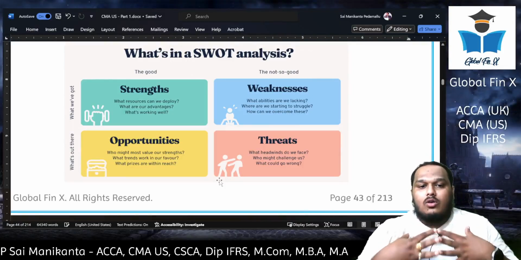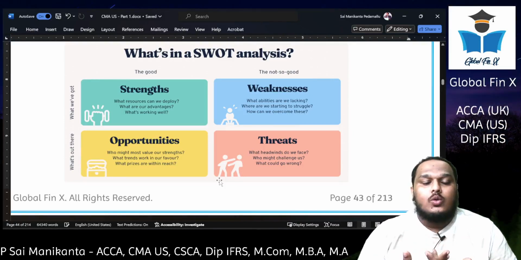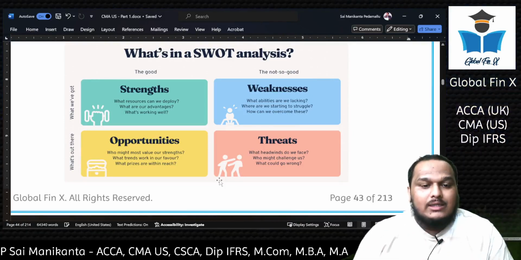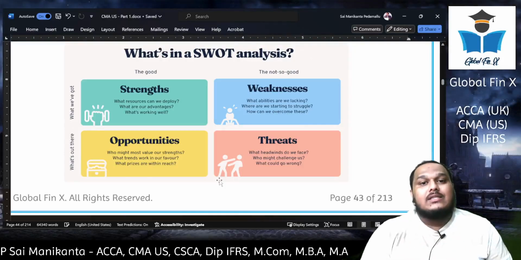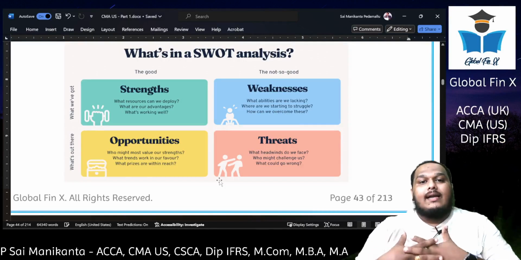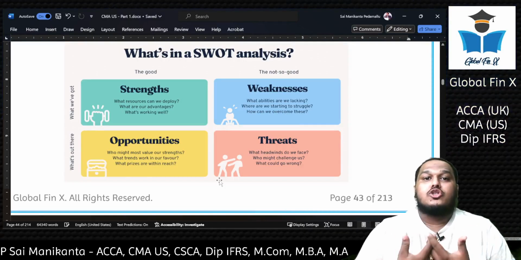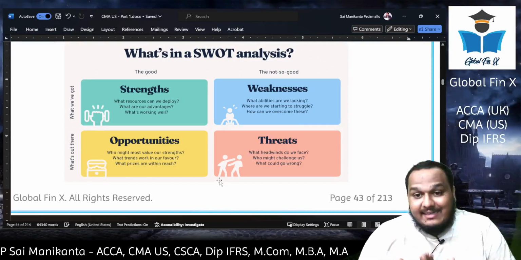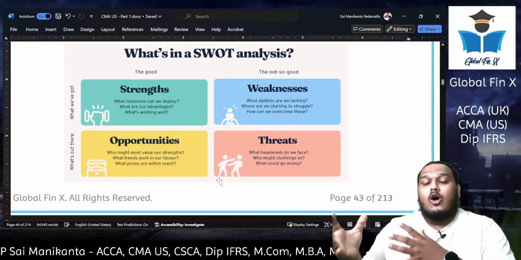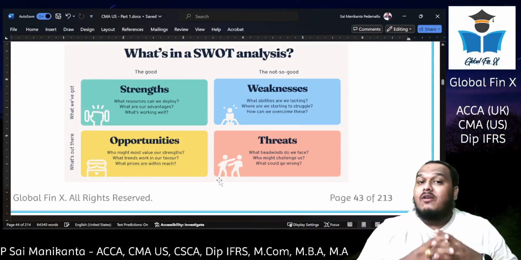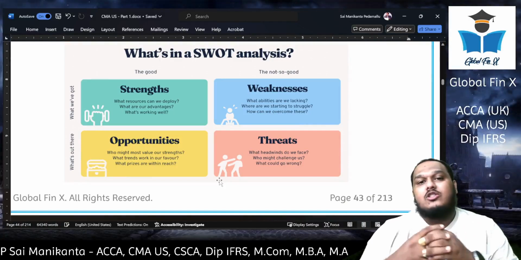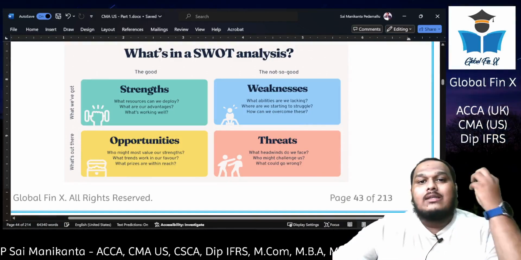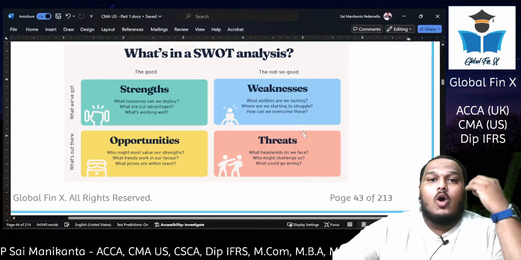Strengths should be used to exploit the opportunities and to reduce the external threats. Your weaknesses should be rectified so that opportunities will not be missed. Your weaknesses should never be exposed to threats, otherwise you will go out of business. That is your strategy for SWOT analysis.